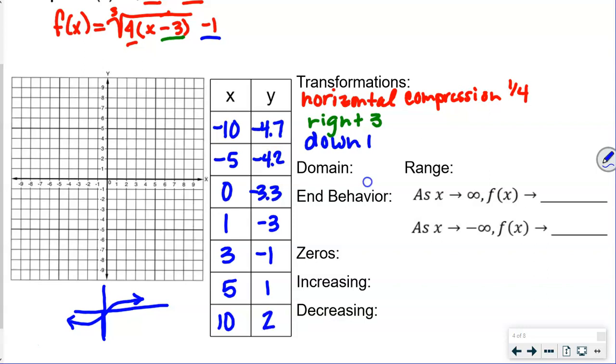Now we're going to go ahead and plot these points. -10, -4.7. Let's just say it's about there. And then we've got -5, -4.2, maybe right there, sorry. And then we've got 0, -3.3. And at 1, it was at -3. And then at 3, it was -1, 5, 1, and then 10, 2.